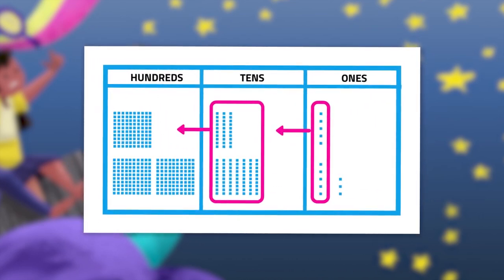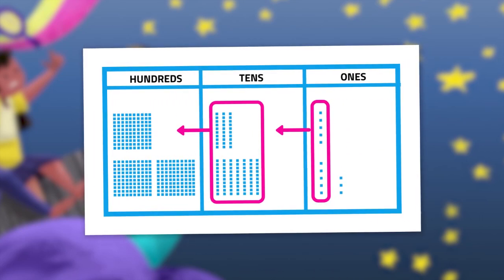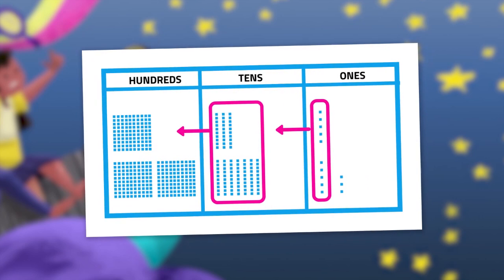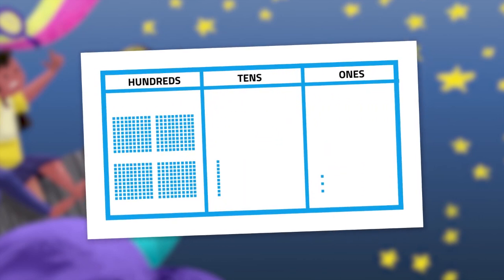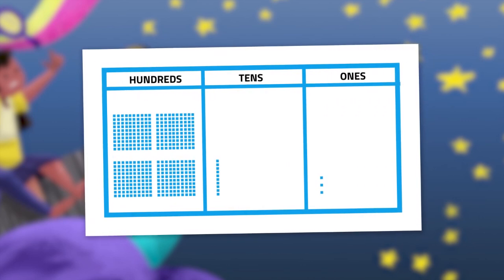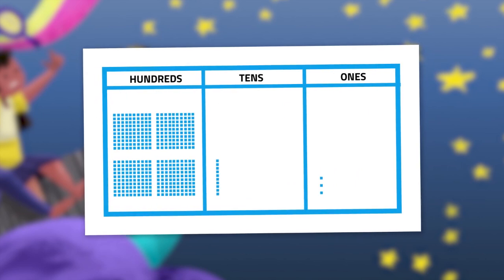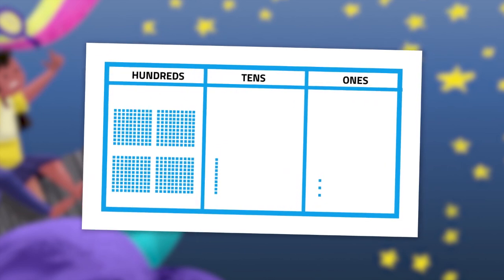When a column has more than 10 blocks, we have to move it to the next column. Now look at our chart. In the ones column, we need to move 10 blocks to the tens column. In the tens column, we also have to move 10 blocks to the hundreds column.